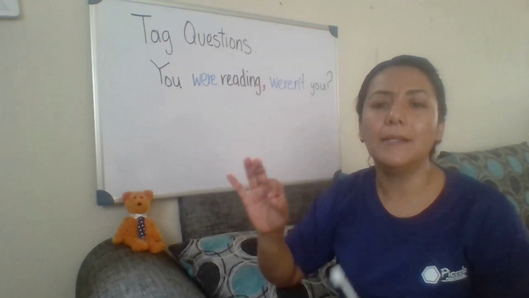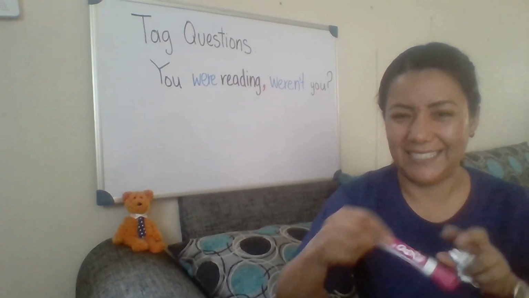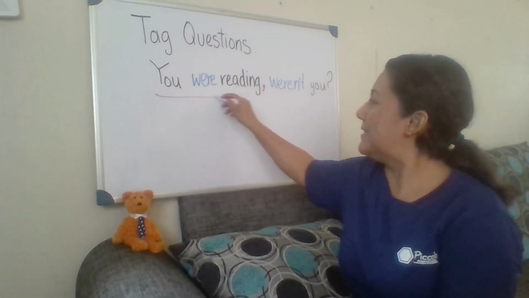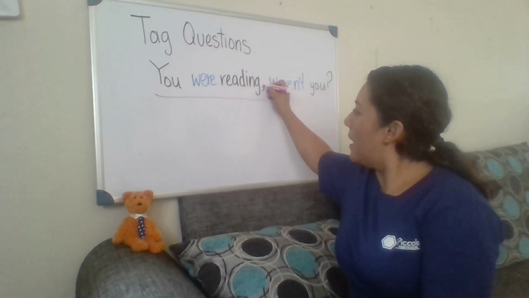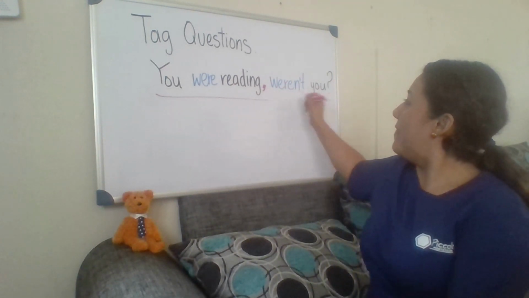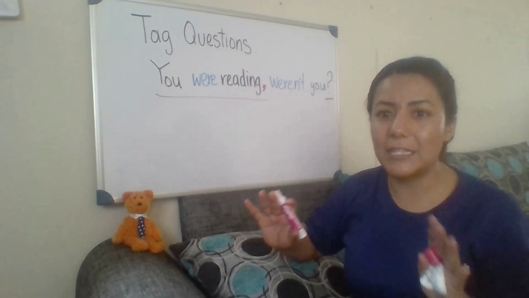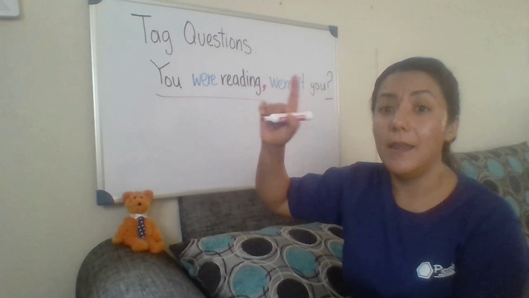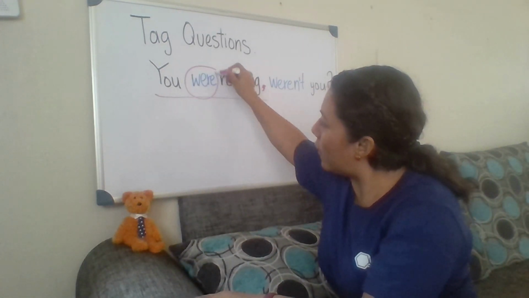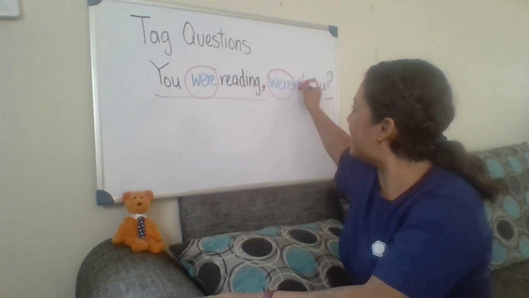Okay? What is the rule? The rule says, you have a sentence, comma, you need a comma. You have a sentence, and then you have a question. That's the main formula. Now, the rule says the helping verb has to stay the same.